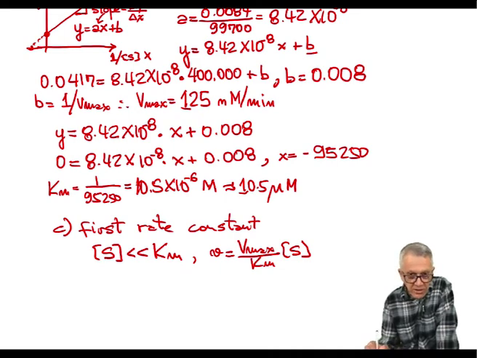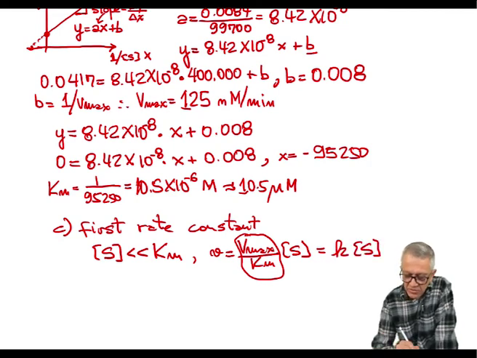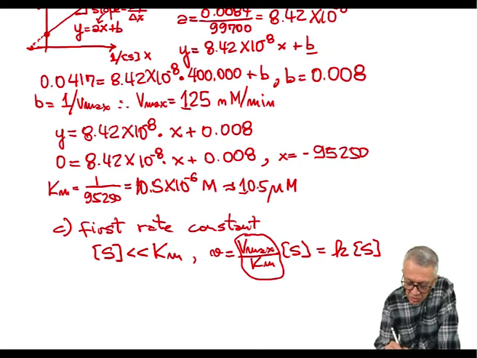So we cancel that value there. Now, this ratio here would be the rate constant for the first order reaction, right? It's going to be k times S, first order reaction. So what we have then is that k, that we want to calculate, equals Vmax over Km.